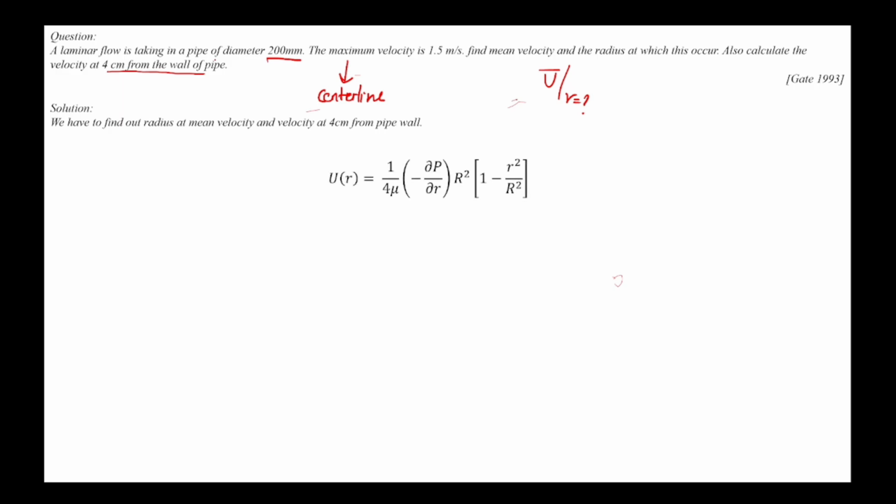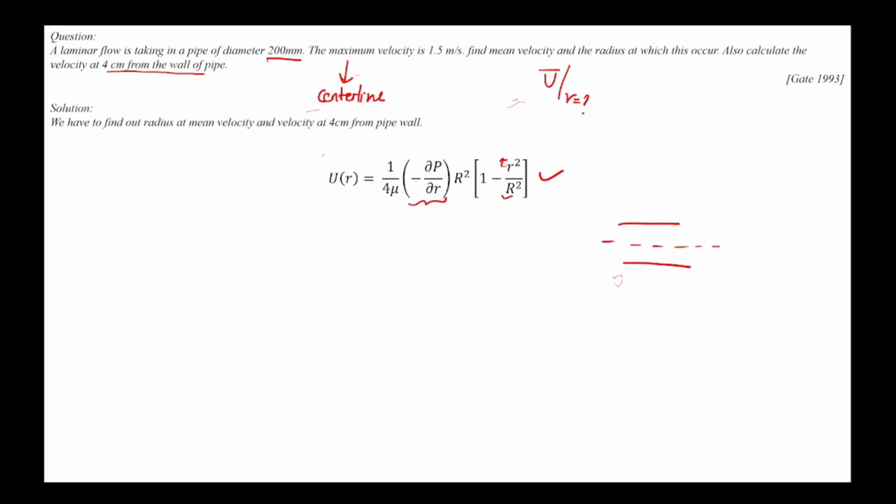At any location in a pipe, we have this formula. Here R is the constant radius of the pipe, this is the pressure gradient, and this is the viscosity of the fluid. If you want to find velocity at any location, put that value here.